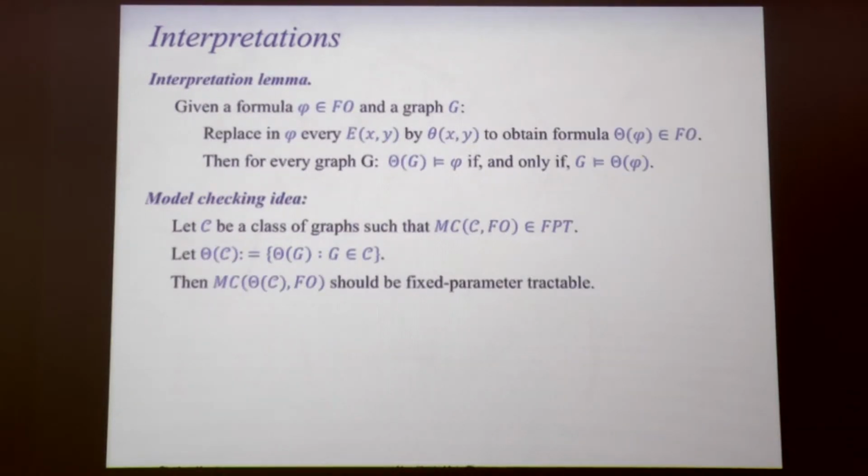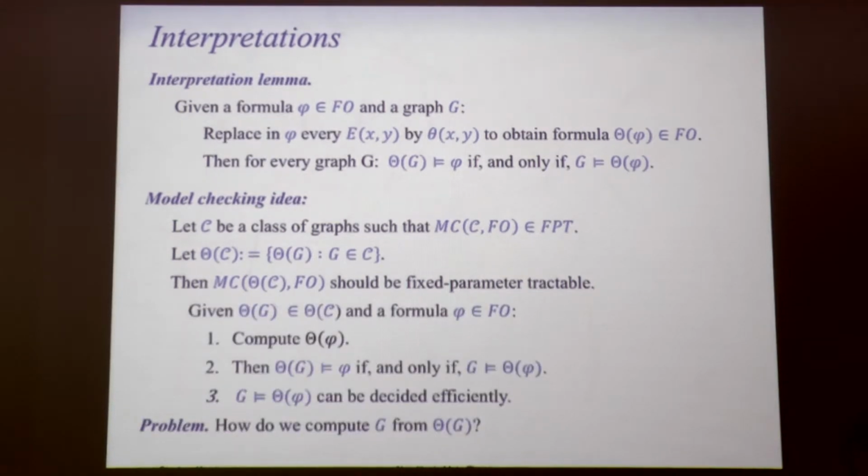Yeah? And so the model checking idea I just described: I have a class of graphs which has tractable model checking. I look at the class of graphs that's generated by this first order interpretation, and I would hope that the model checking problem for this is FPT. You know, there is the result from MSO, essentially, I think it's the same kind of FPT or linear time FPT with the Courcelle hierarchy.